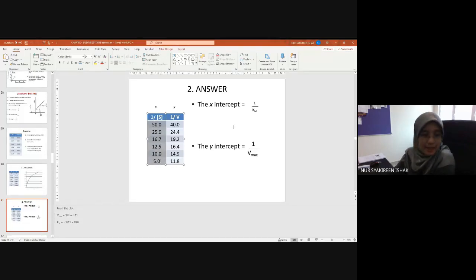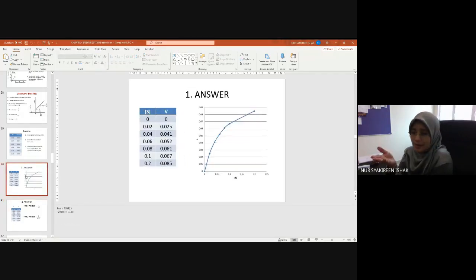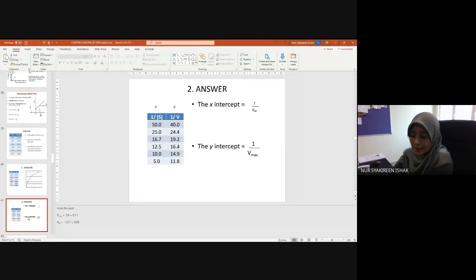So that's why kalau tadi kan dia cakap kalau daripada hyperbolic graph ni bila nak determine Km value dengan Vmax ni is not too accurate sebab tengok dia punya value dia is too small, okay, dalam bentuk perpuluhan. Sebab tu awak nak kena convertkan dia kepada Lineweaver-Burk plot. Bila awak 1 over kan setiap value tu, the value will be a bigger value.